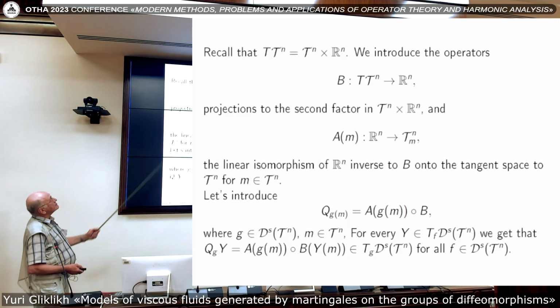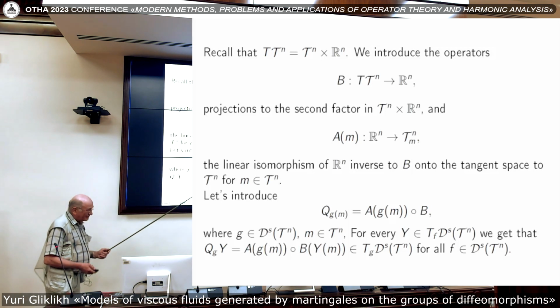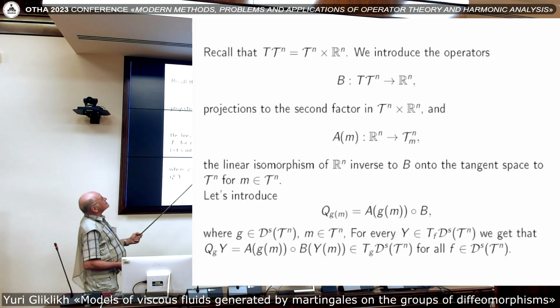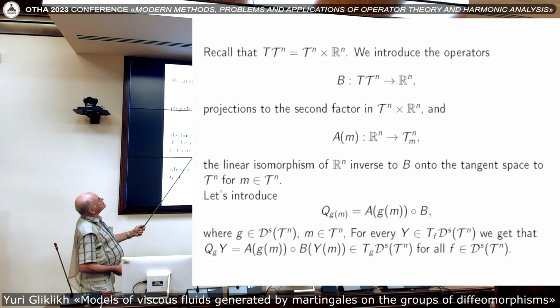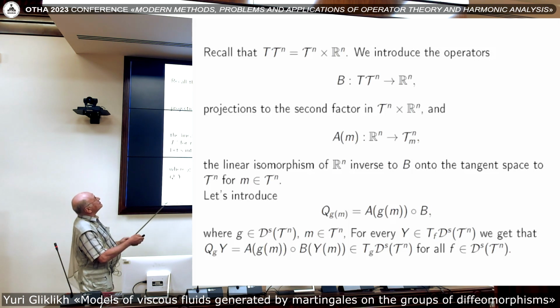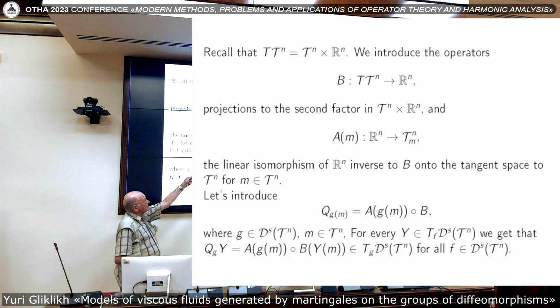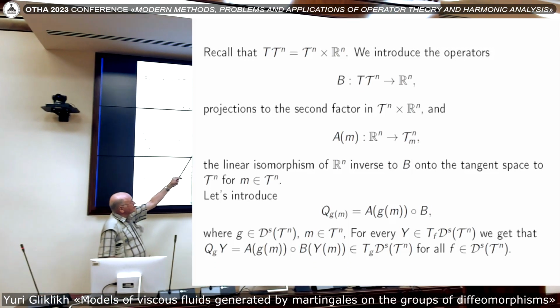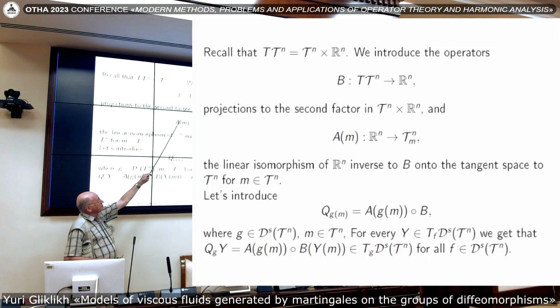Now recall that the tangent bundle of the torus is trivial. It's a direct product of the torus and R^n. And we introduce several operators. B is the projection of this direct product on the second multiplier.